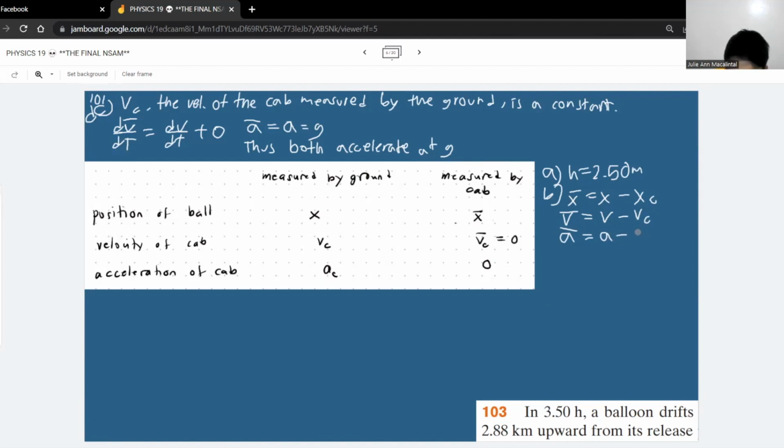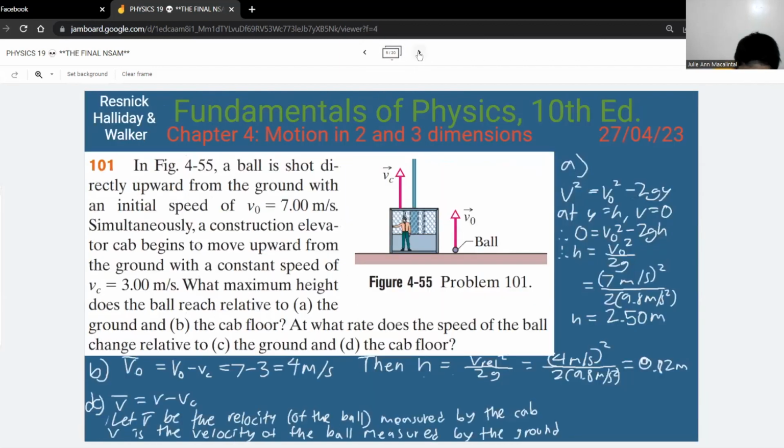AC is equal to 1. So A bar na is equal to A minus 1. So, sa letter B, ano yung initial velocity measured by the cab?